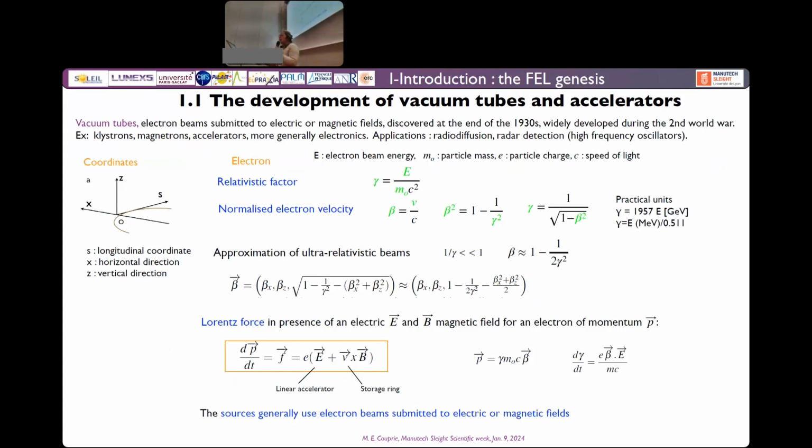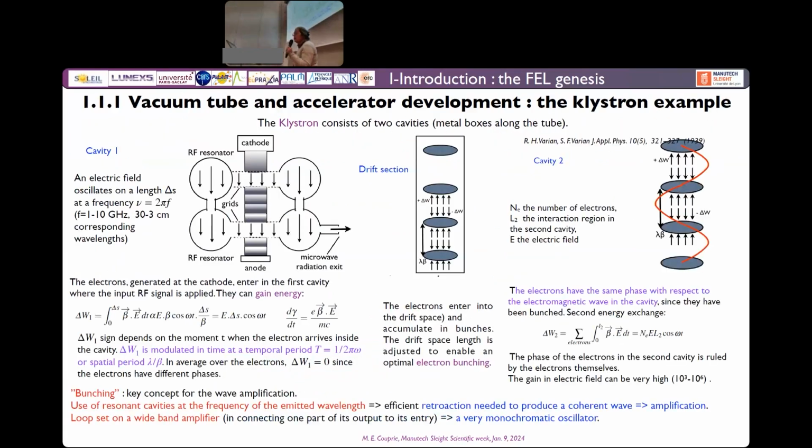And then for vacuum tubes, these electrons are submitted to electric and magnetic fields, so we apply the Lorentz force. So I will start with an example of a vacuum tube, which is a klystron, which consists of two cavities.